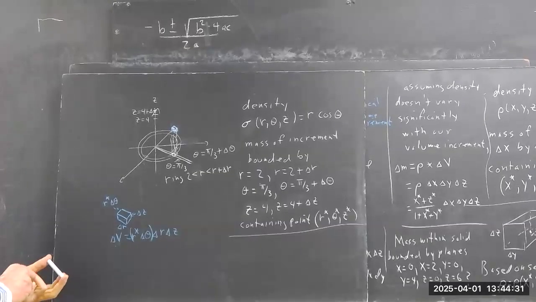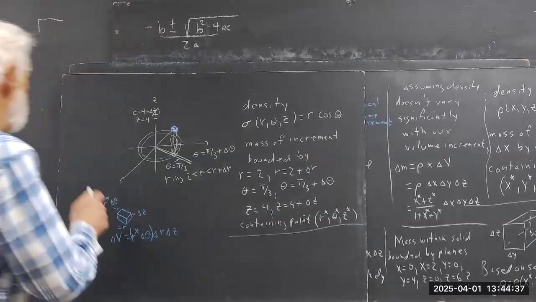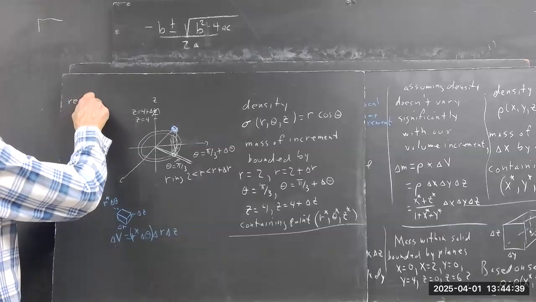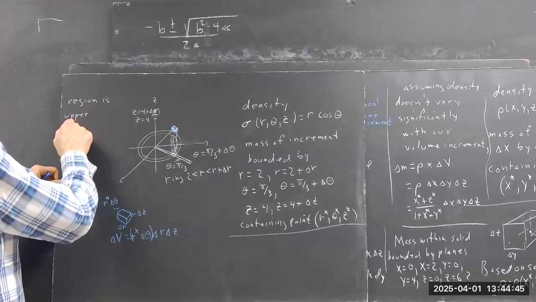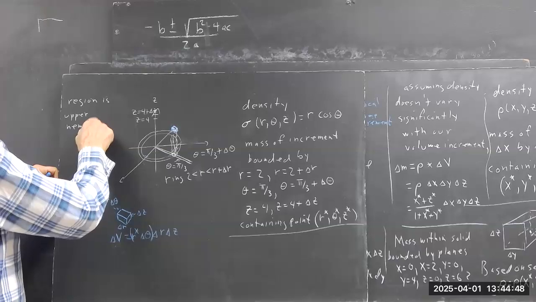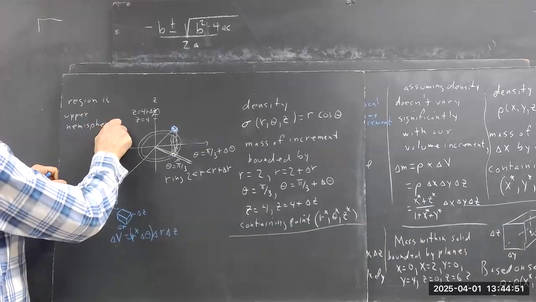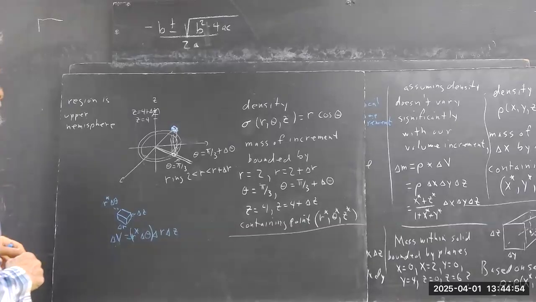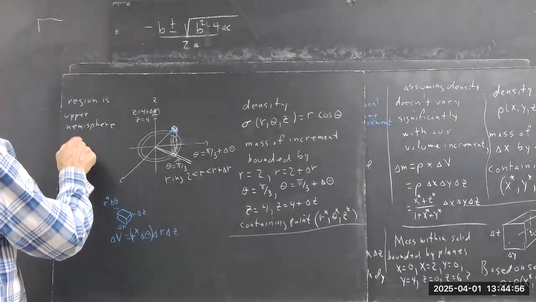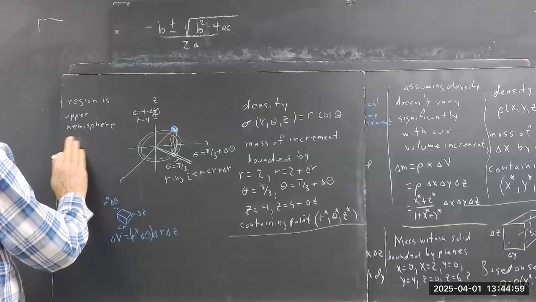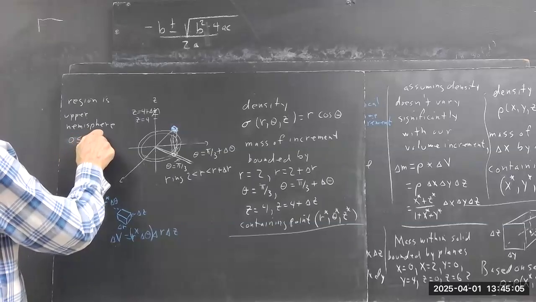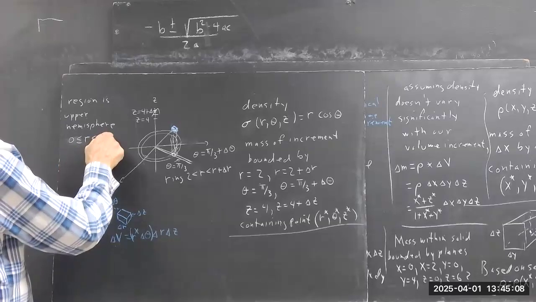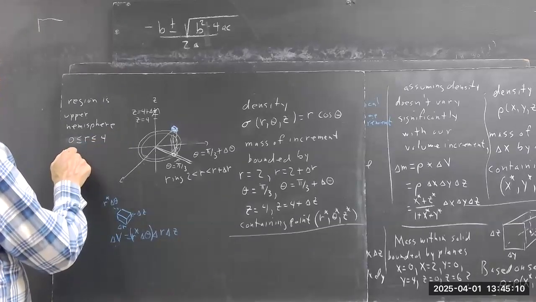So let's say now that our region is the upper hemisphere. R from 0 to 4.